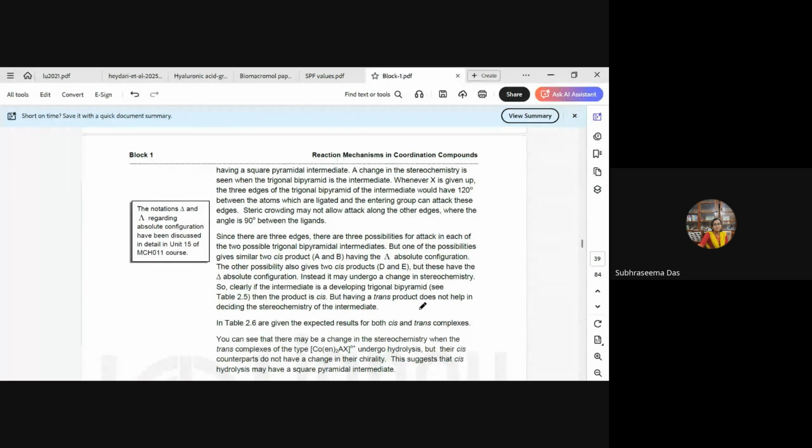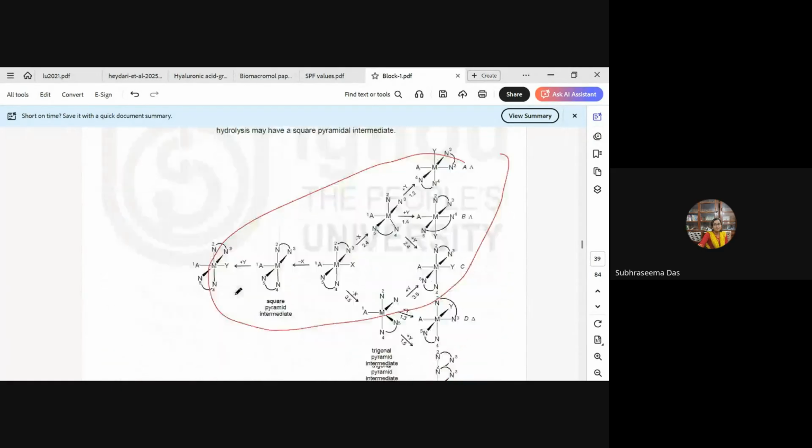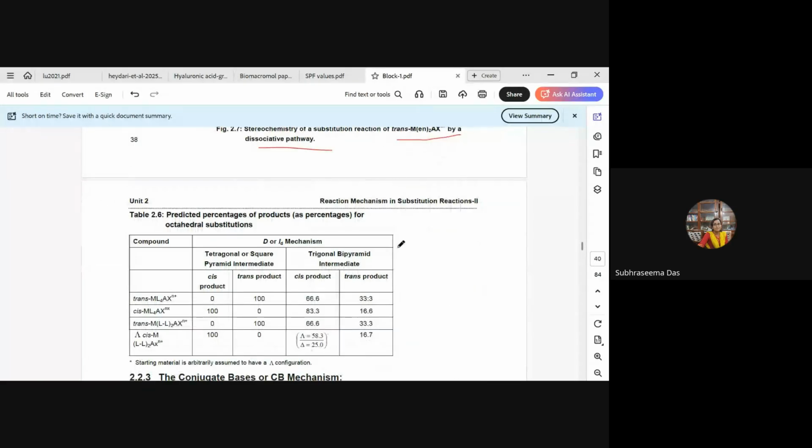Whenever X is given up, the three edges of the TBP intermediate have 120 degrees between the ligated atoms, and the entering group can attack the edges where the angle between the ligands is 90 degrees. Since there are three edges, three possibilities of attack are possible. One possibility gives rise to the cis product, but another gives rise to the trans product. This is the whole mechanism, and the reaction pathway has been shown here.